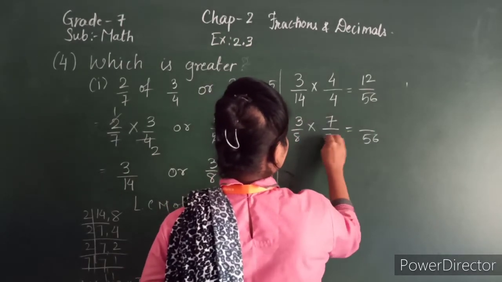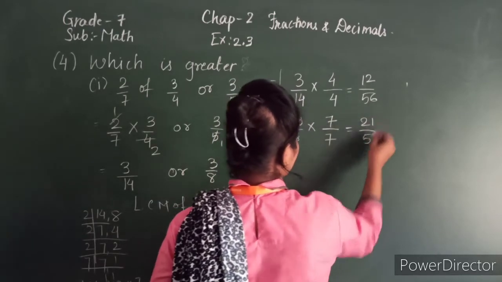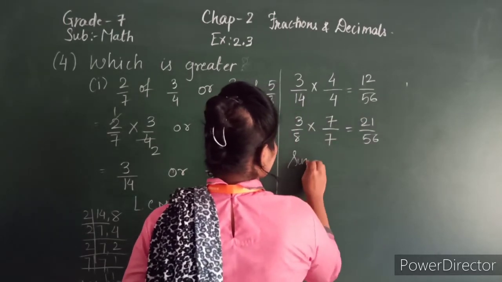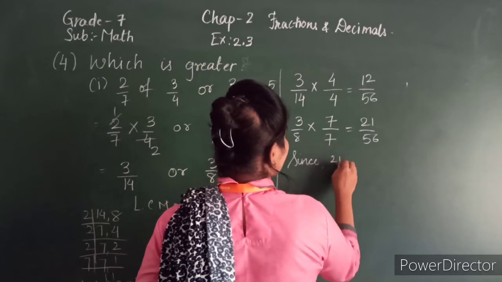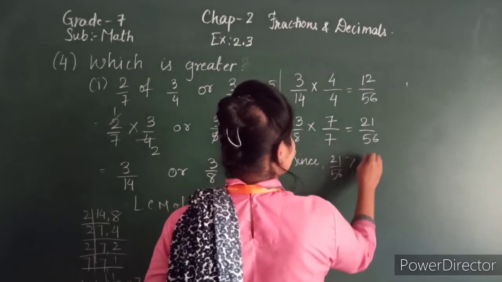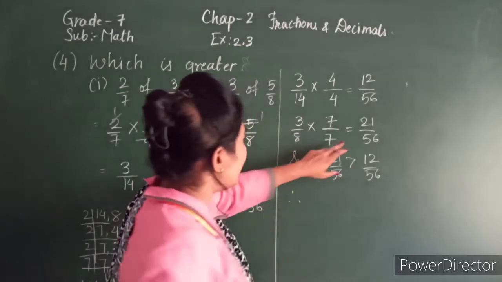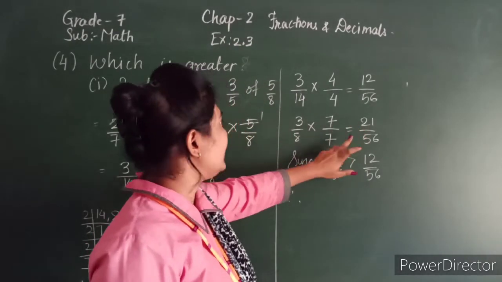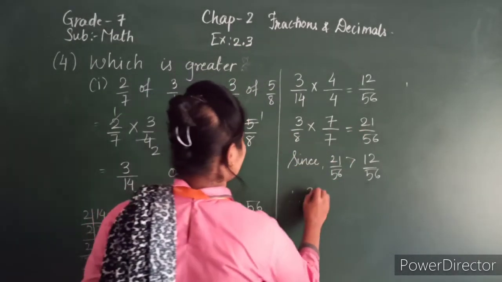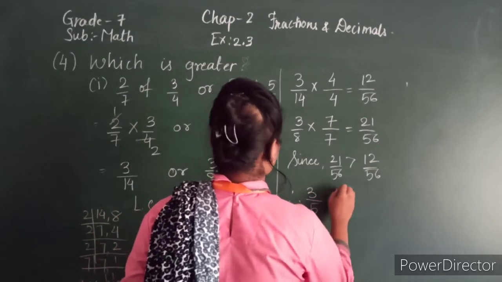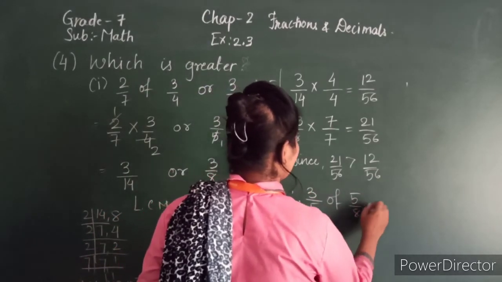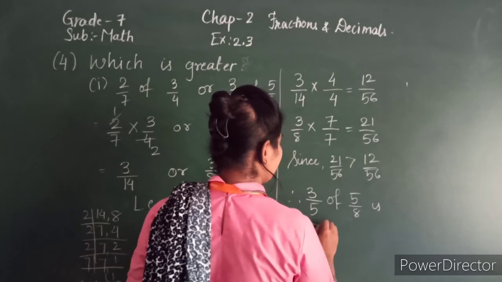So here also we have to take 7. So 3 7s that is 21. So now write: since 21 upon 56 is greater than 12 upon 56, therefore here the second number is greater. So we have to write, therefore, 3 by 5 of 5 by 8 is greater.